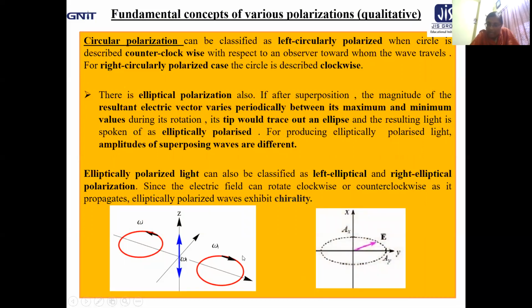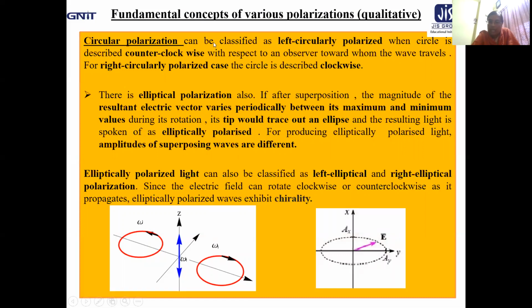Here we are considering the two mutually perpendicular vibrations, and when you superpose them you will get a resultant light vector. This resultant light vector is found to rotate in a plane with magnitudes, one maximum and the other minimum. So naturally its tip would trace out an elliptic path and the corresponding light is termed as elliptically polarized.